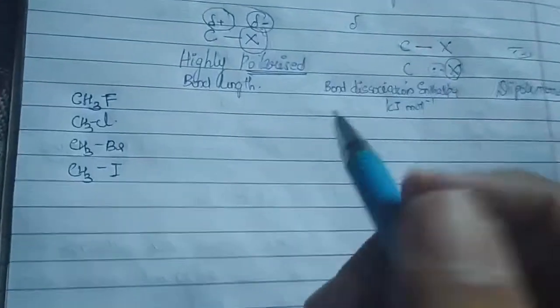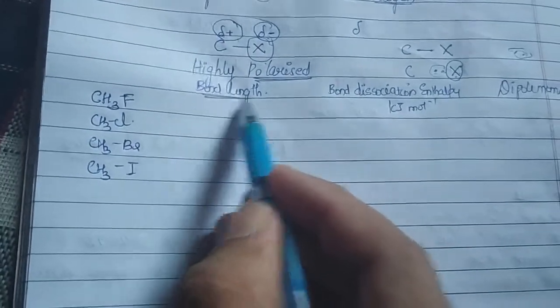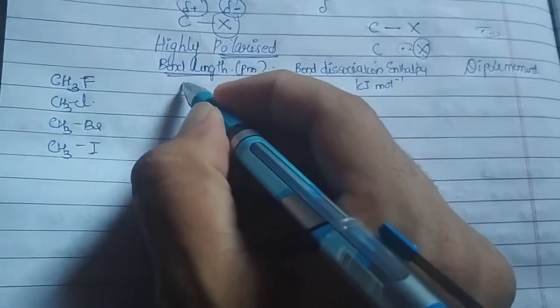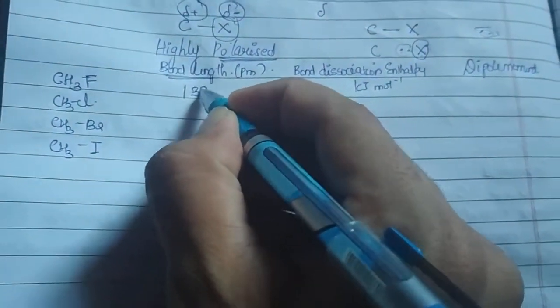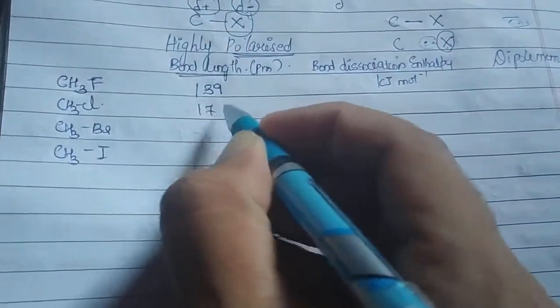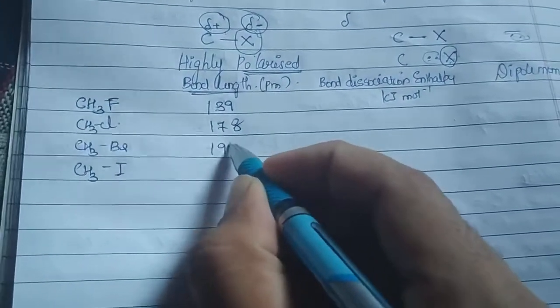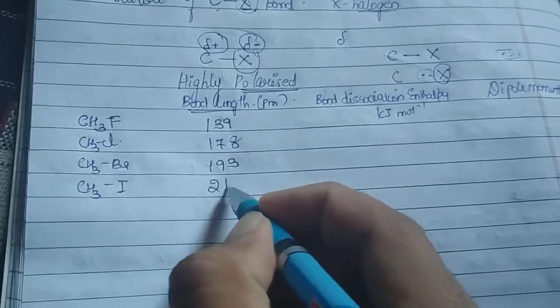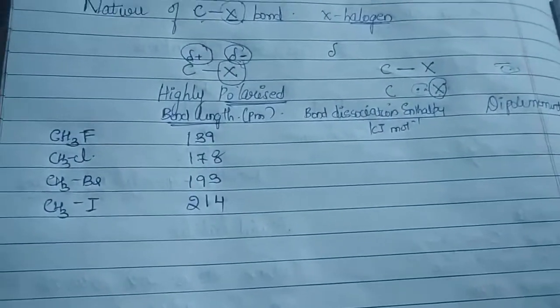Basically, when we measure the bond length in picometers, we see that methyl fluoride has a bond length of 139 picometer, whereas methyl chloride has 178 picometer, methyl bromide has 193 picometer, and methyl iodide is in the range of 214 picometer.